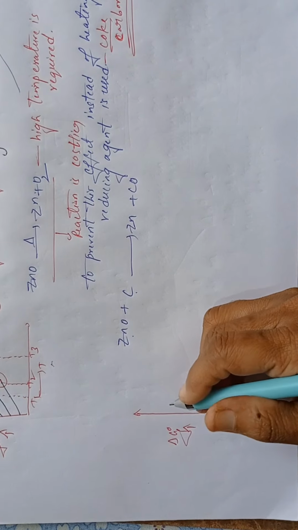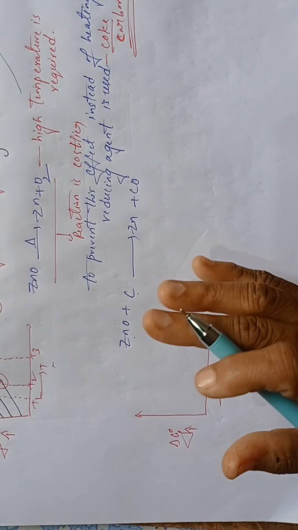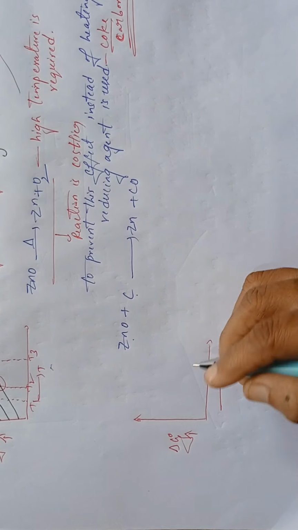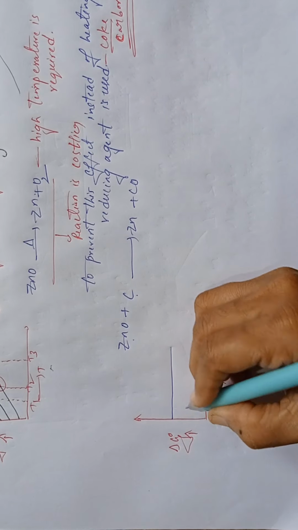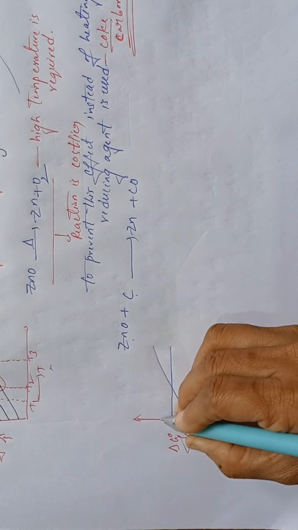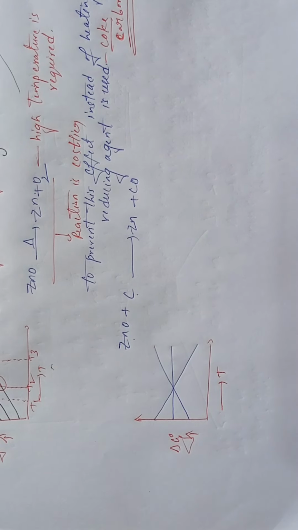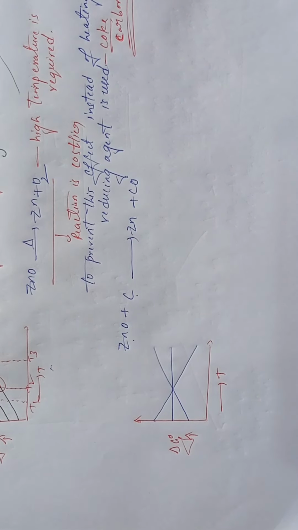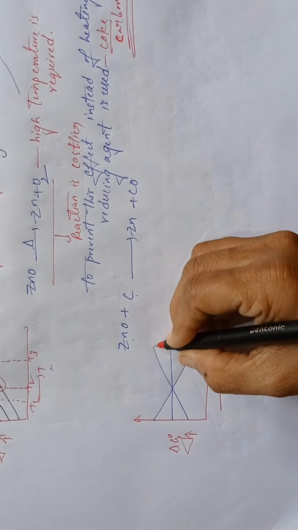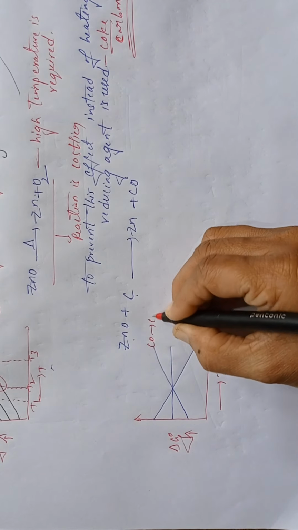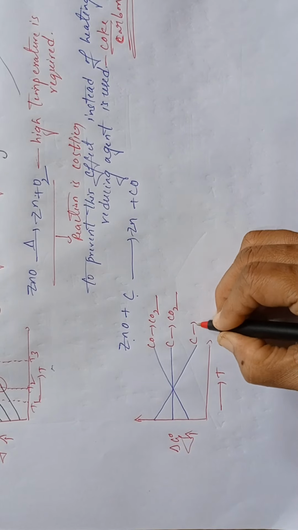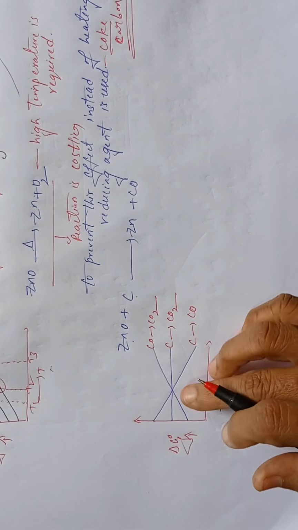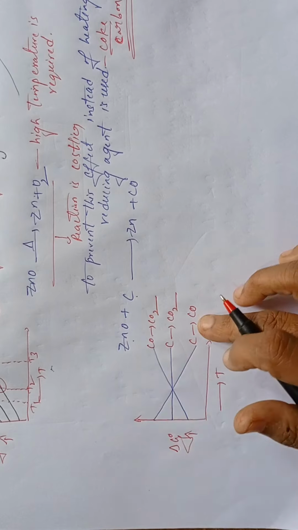I'm taking three lines, that means carbon undergoes three different types of oxidation. What are the lines, students? First is CO gives rise to CO2, C gives rise to CO2, and C gives rise to CO. These are the three lines.